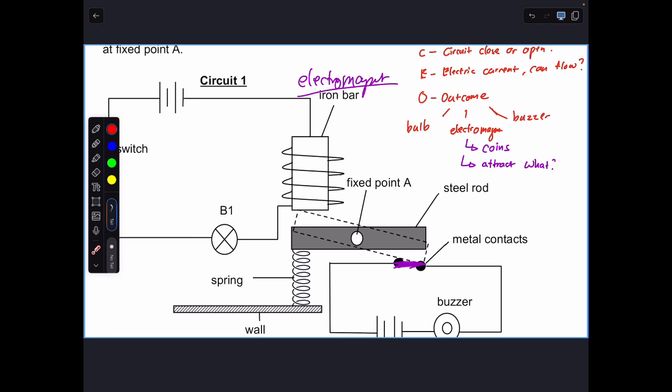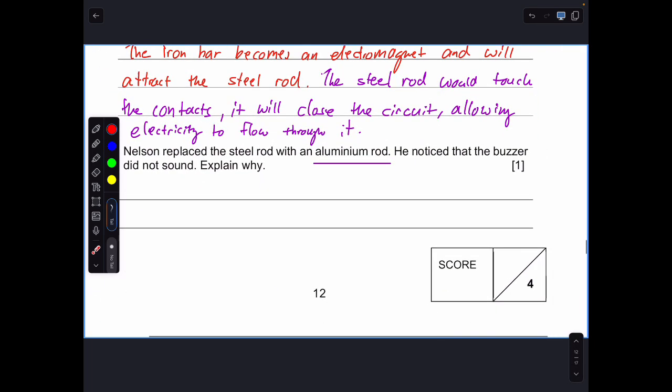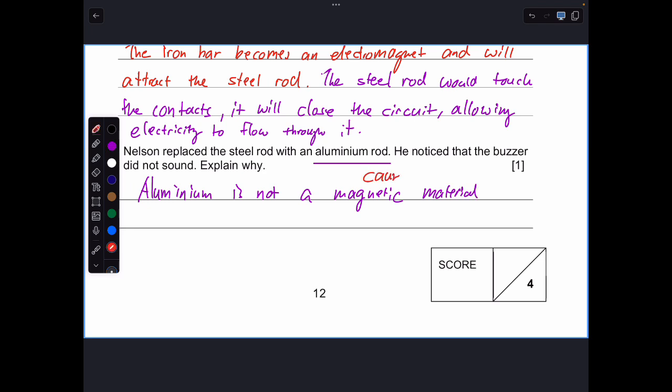And I think this came out for your WA, if I remember correctly, something similar. So you need to say aluminium is not a magnetic material. So cause and effect. So this is the cause. Okay, what is the effect?